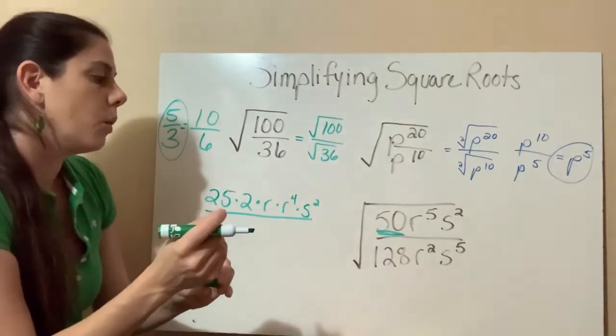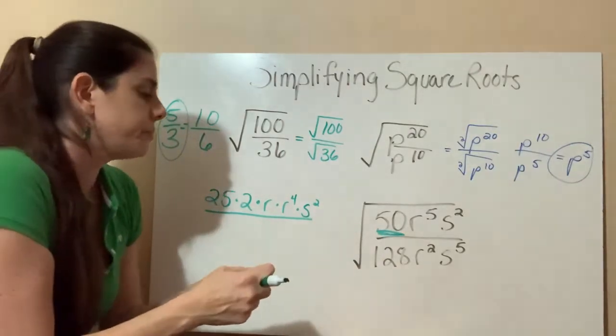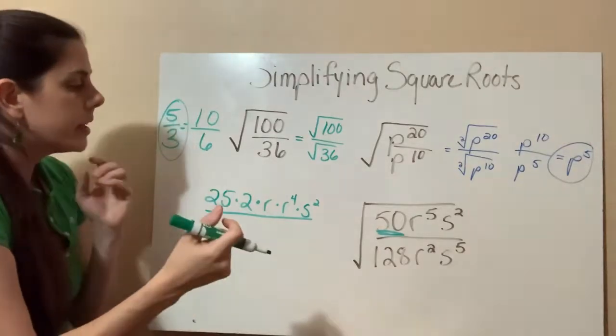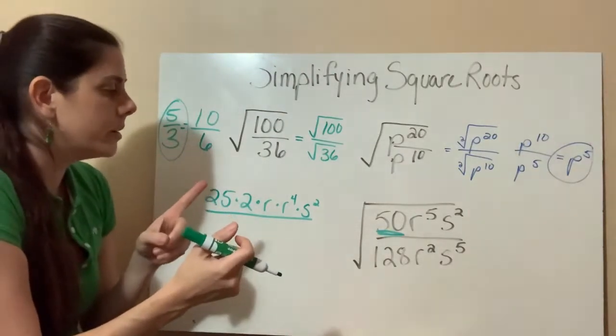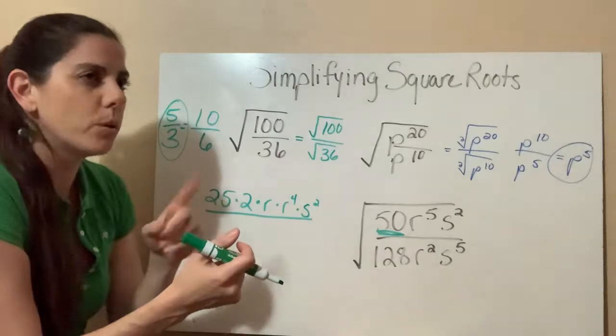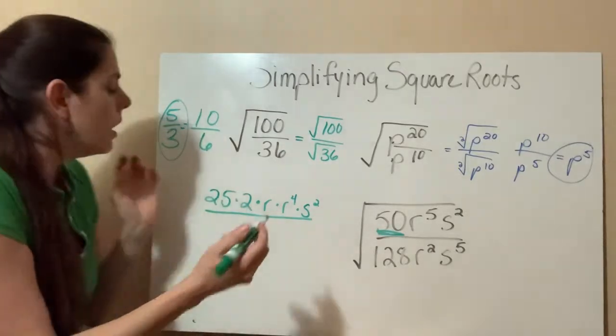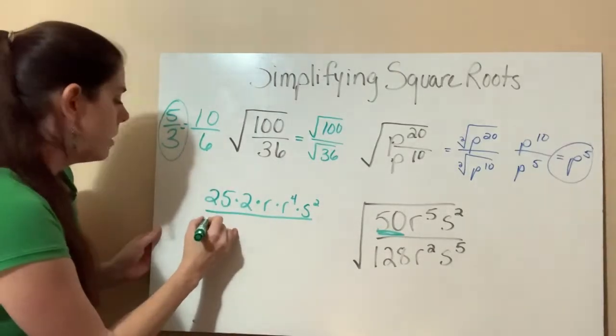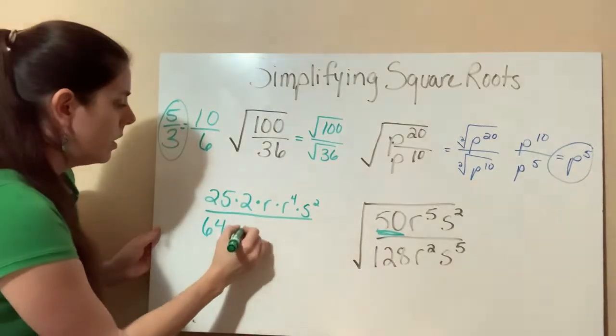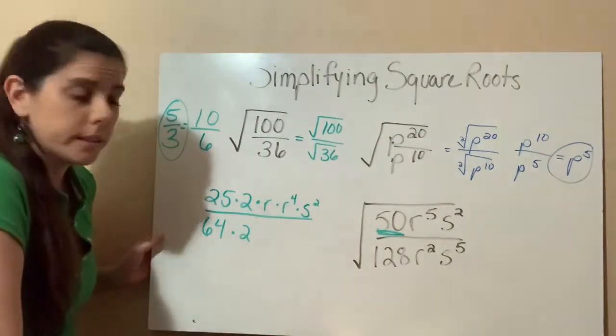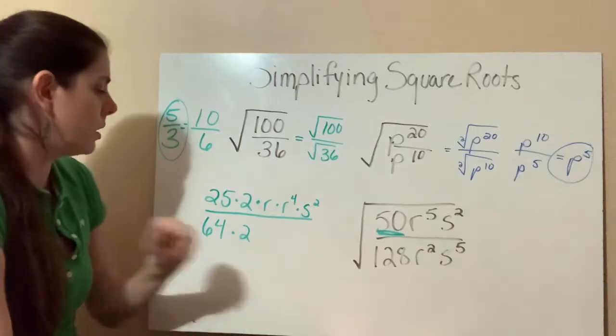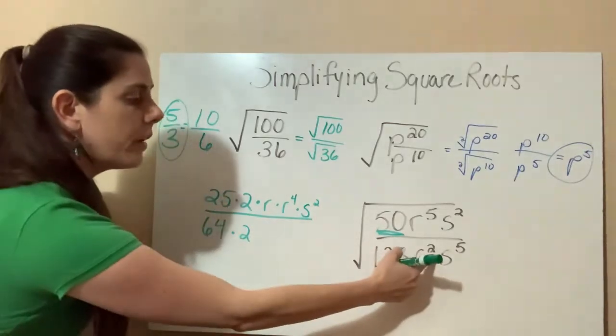Now when we look at 128, I calculated this out, that's going to be 64 times 2, correct? 64 and 64 is 128. And then we have an r squared.